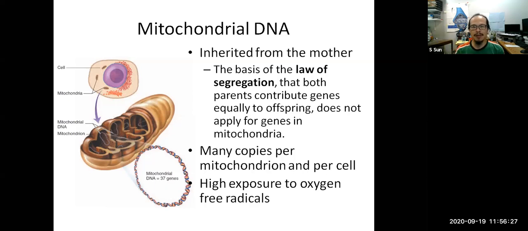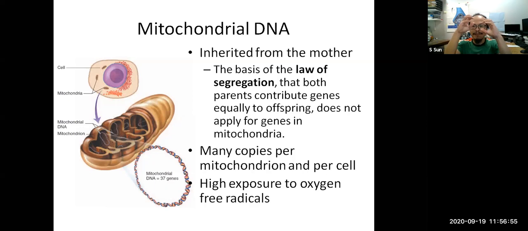Mitochondrial DNA only comes from the mother, so the disease is not equally distributed. It's not sex independent, it's sex dependent. It comes from the mother. Also, one cell has only one nucleus, so we have one copy of this allele.